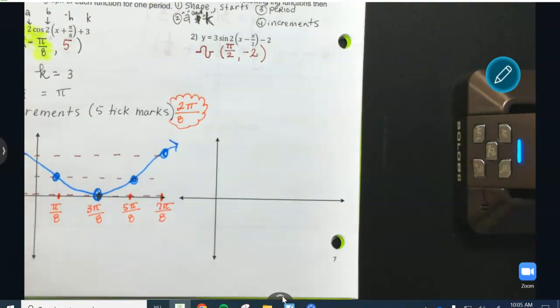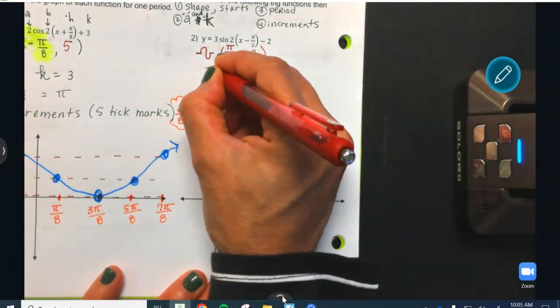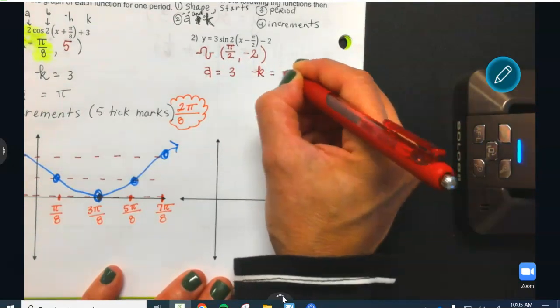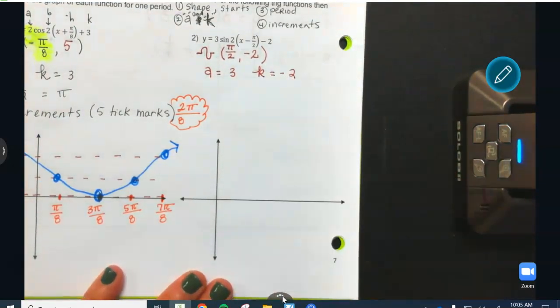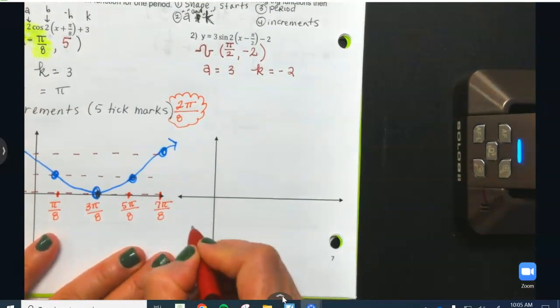All right, let's analyze my a value. Remember, my a value is 3. My k value is negative 2. So I'm going to plot that. Remember, -2 is my midline.